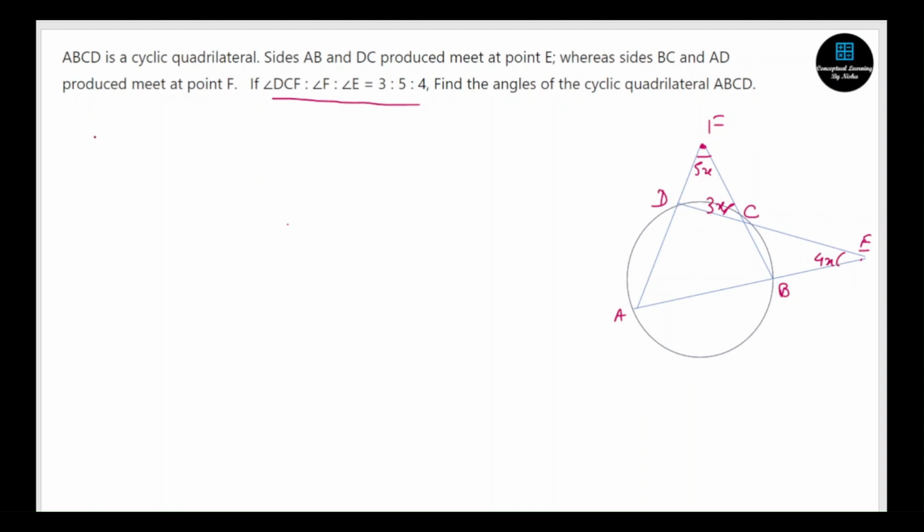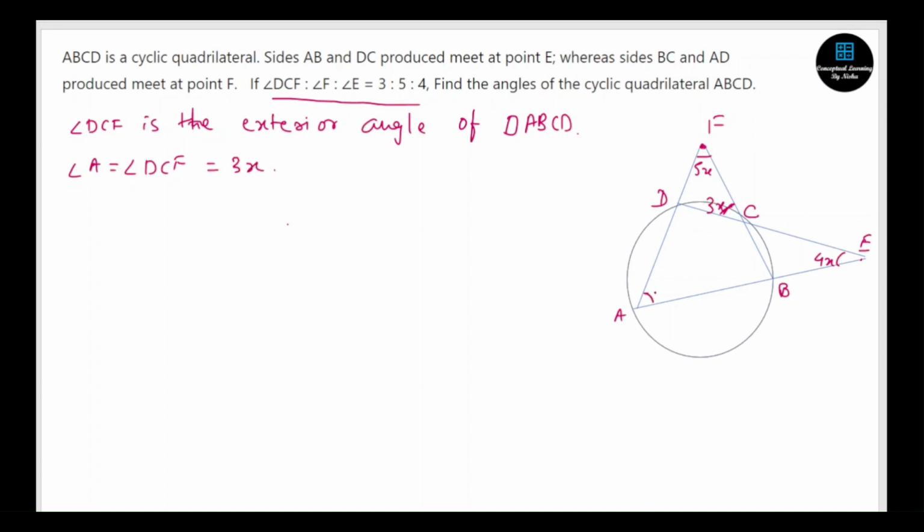Now this angle DCF is the exterior angle of the cyclic quadrilateral ABCD, correct. So angle A equals angle DCF, which equals 3x.